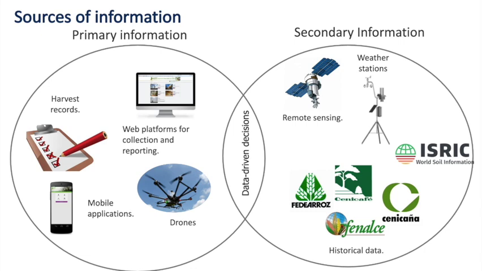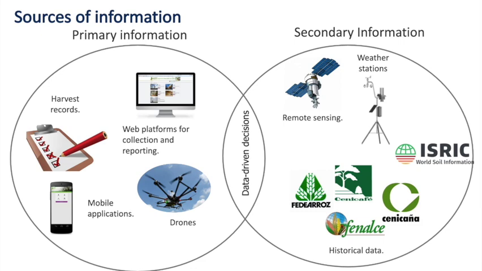And we have the secondary information. This is the information that's not captured with the objective that we have to do research, but it's information that's available nevertheless, and it helps us also. The first one would be remote sensing. This would be satellite imaging, all the information that we can extract from vegetation indexes that can be associated to the crop.